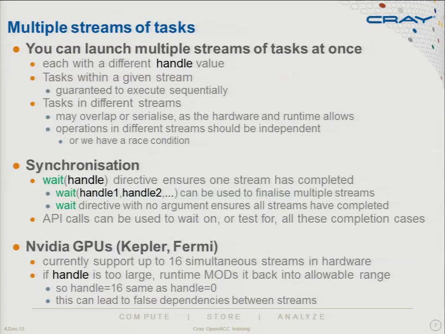But let's say you've got, I don't know, 2 different things to do. You've got one array to process with 3 things to do to it, another array to process with 3 things to do with it, but they're independent, these 2 arrays. You can have a stream of tasks that's processing the first array and a stream of tasks that's processing the second array. There's no reason why these streams don't overlap, because they can't conflict, because they're doing different things, independent.